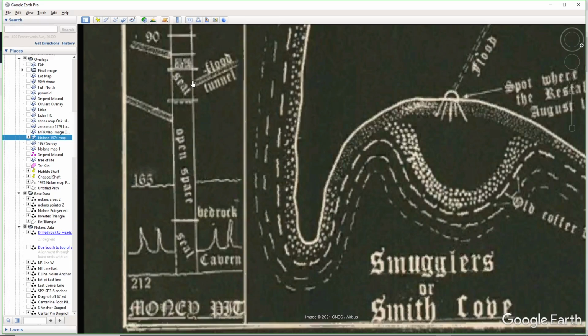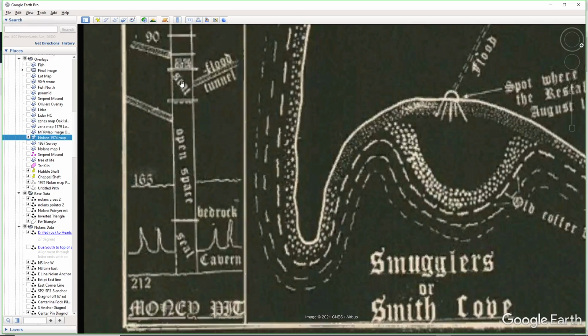This right here is the flood tunnel. This is where the water goes in. He's saying it's sealed. Now that makes sense, okay? I would say this right here is supposed to be the 90-foot stone, but he's got it at, it looks like 90, 100 feet or so, 110 feet. I don't know what the depth was, but Fred Nolan has it here.